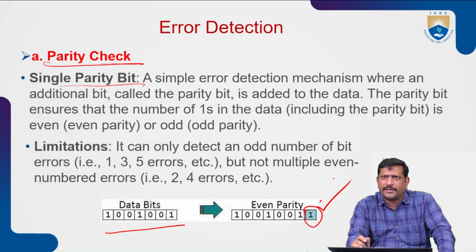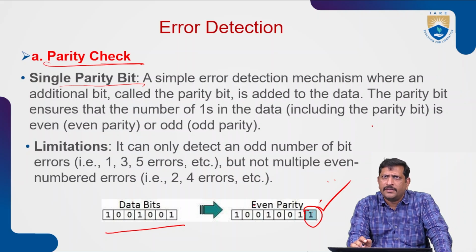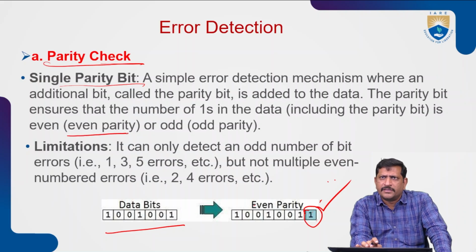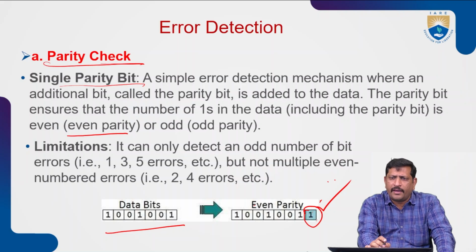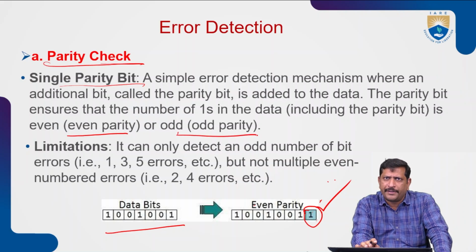Once the receiver receives even parity, it is detected as having no errors. The parity bit ensures that the number of ones in the data, including the parity bit, is even. Suppose the number of ones is odd, then it is detected as odd parity.